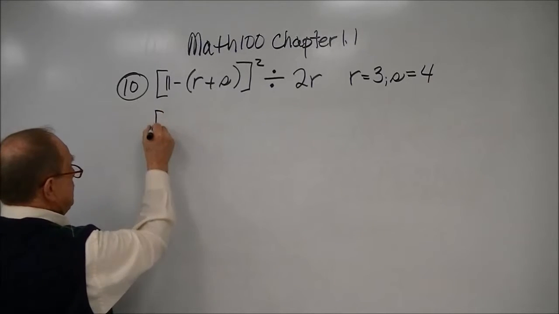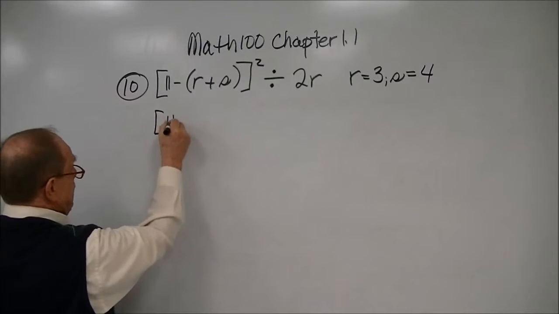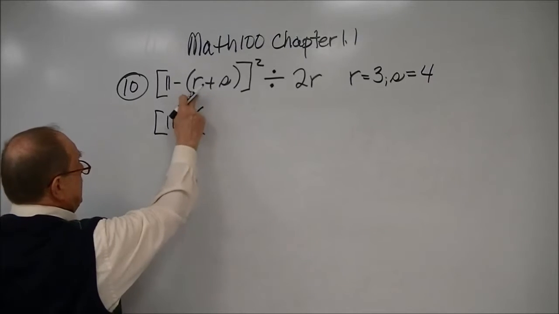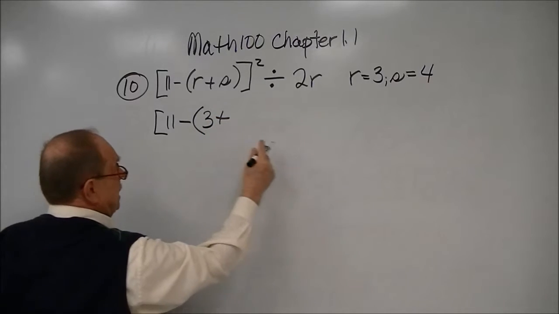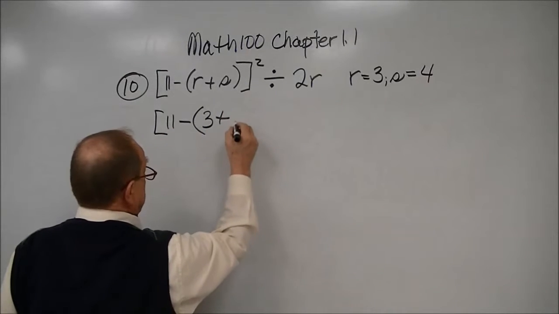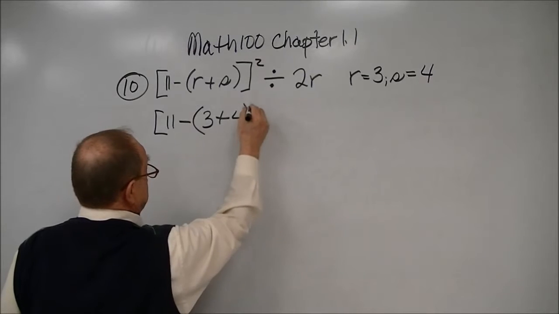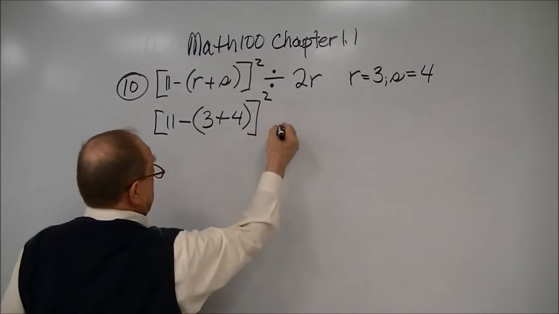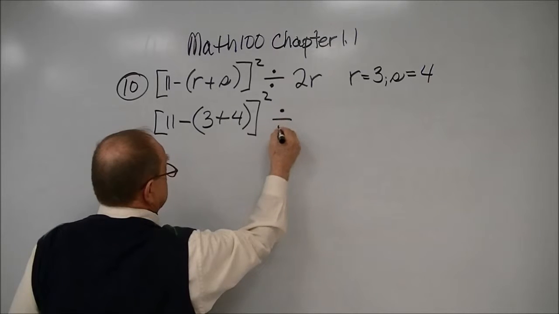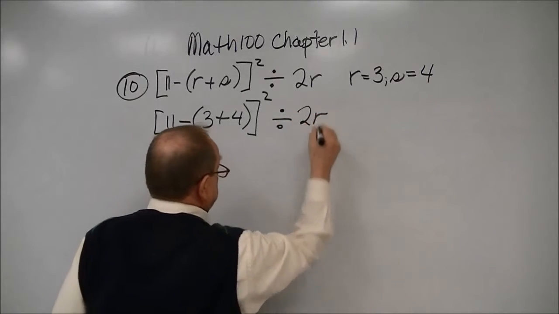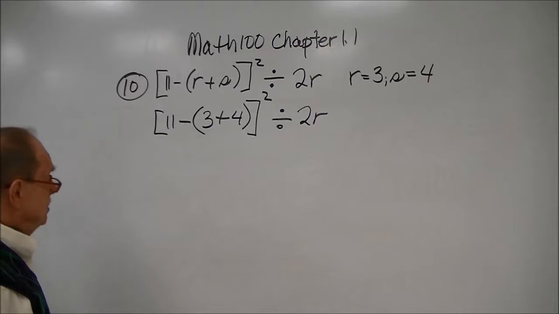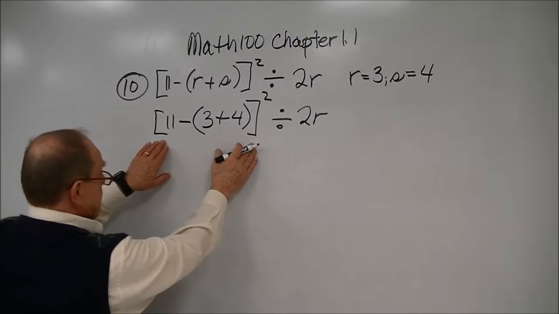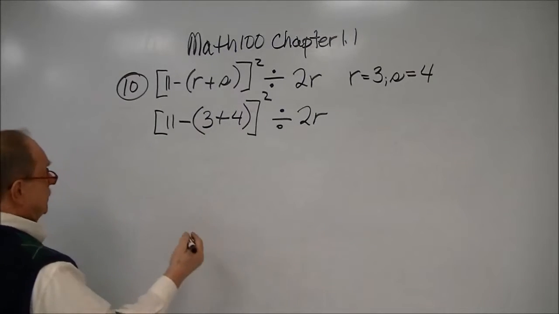Basically we want to get our 11, replace the R with the 3, the 4 for the S, and then divide this by 2R. I believe this is the way it has to be done because of the parentheses. So let's work it through.